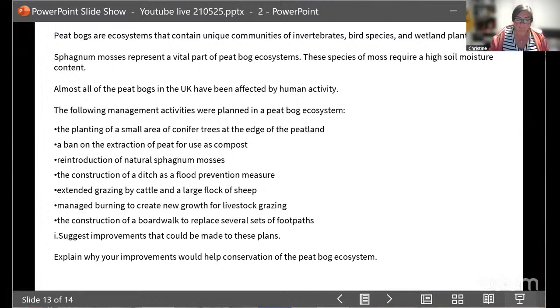Right, to answer a question like this, so explain why your improvements would help conservation of the peat bog. Oh, thank you. It's really important to know that a lot of the time when they give you lots of information, and I hate that because I hate reading the stuff, the important thing is that you take the time to actually really dissect what they've said.